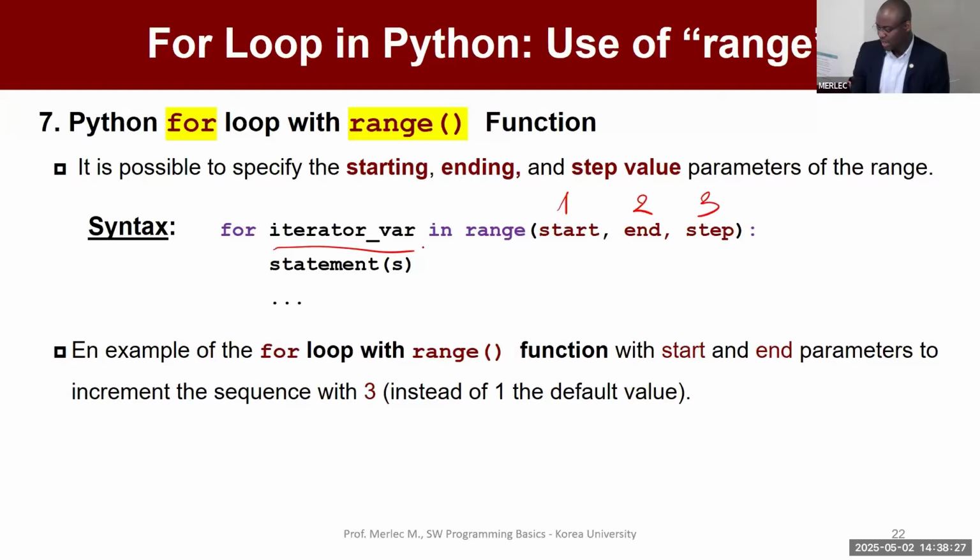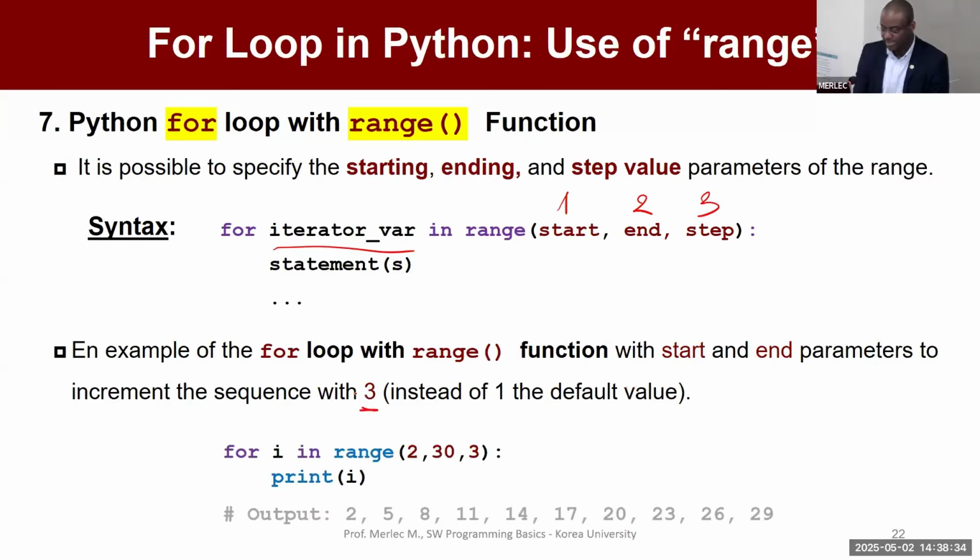Like here, I can start counting from a starting point until the end by setting 3 as a step. Like in the previous example, I say, okay, I should start counting from 2 to 30. But this time, the incrementation will be at the step of 3. That means I will have 2, 5, 8, until I reach the end. That will be, in this case, n-1.